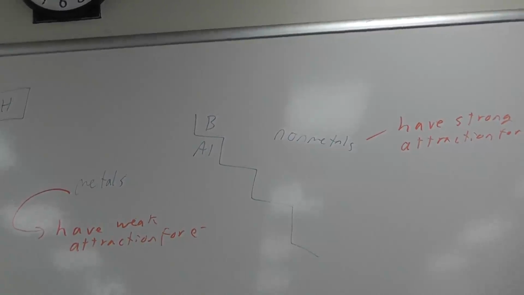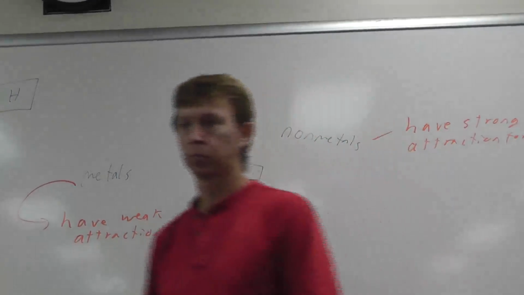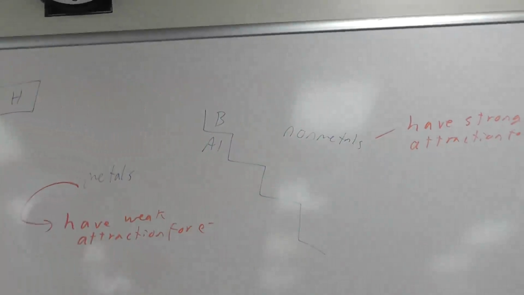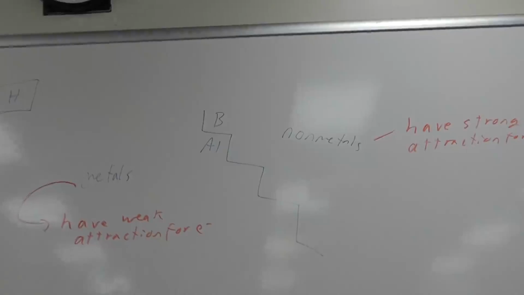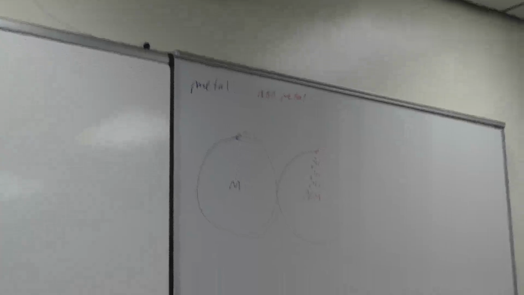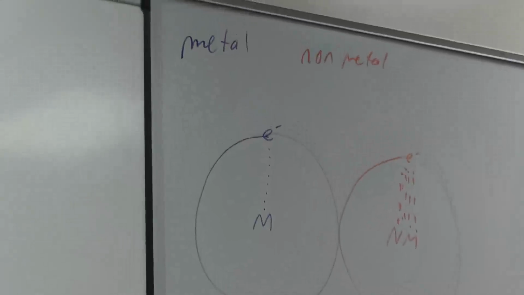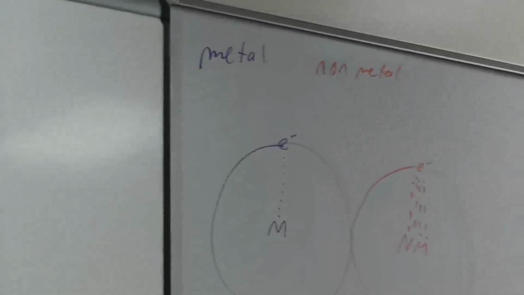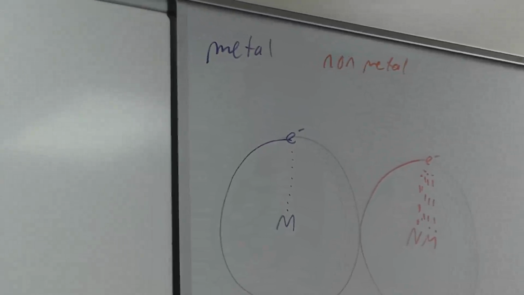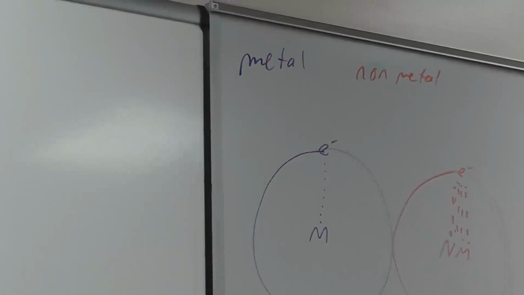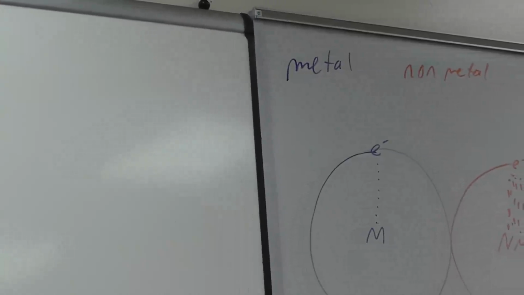There's a lot of attraction to that nucleus. Now, I don't know a good way to draw force, and so I'm drawing in dotted lines. And the more dotted it is, the stronger it is, all right? So the electron that I'm showing on the nonmetal is rather firmly bound in orbit to that nucleus, but not so much on the metal.